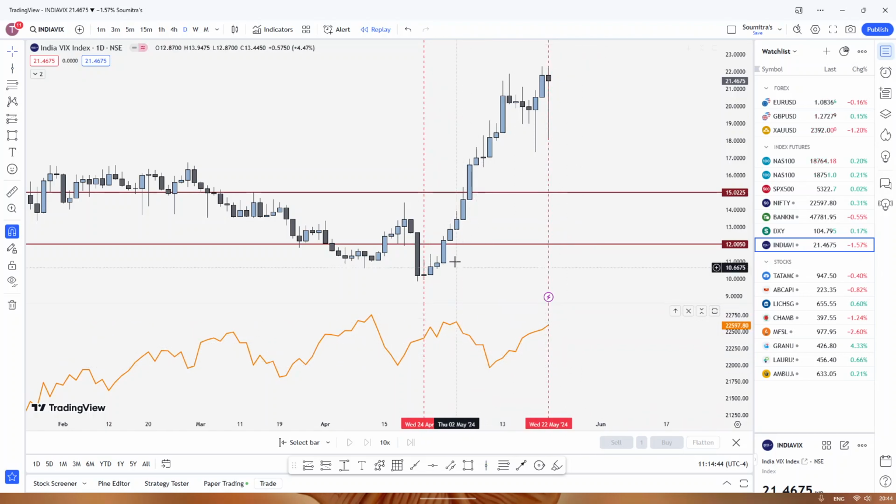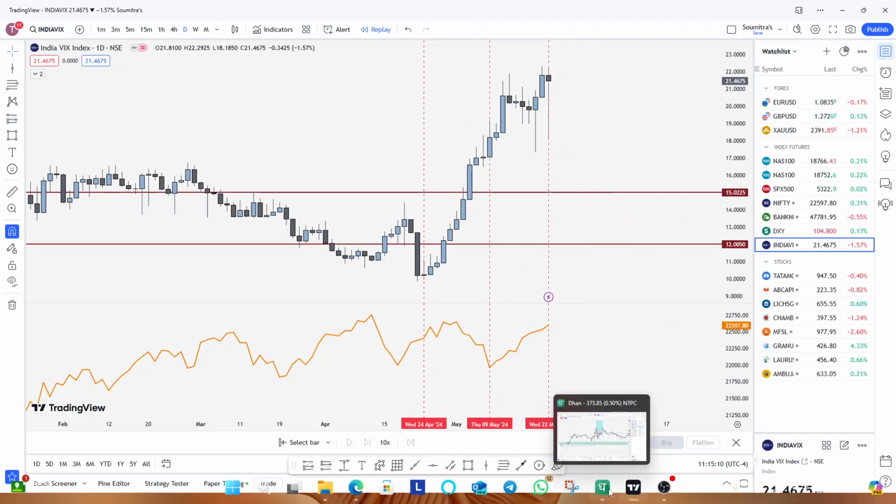From this point to this point, India VIX was going up and Nifty is going down. Okay, but what happens here? Here also India VIX is going up, but Nifty is also going up. So there is no such correlation that India VIX and Nifty should be inversely related.